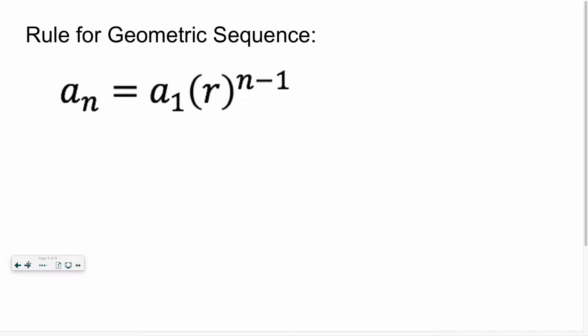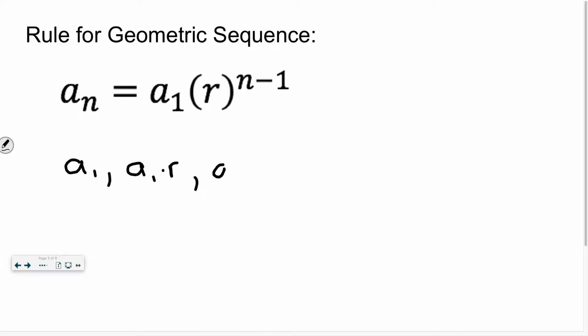Okay, so every geometric sequence is a sub 1 times r to the n minus 1. Think about that in terms of your geometric sequence. Suppose you have some term a sub 1. Then to get your second term, you would take a sub 1 times r.